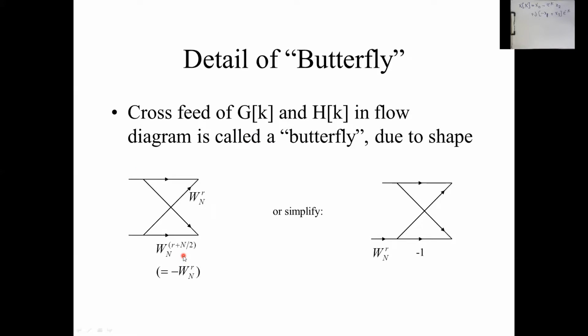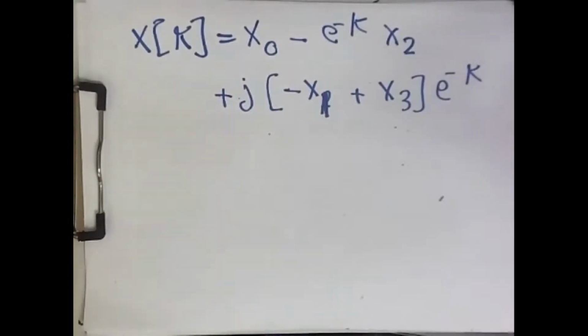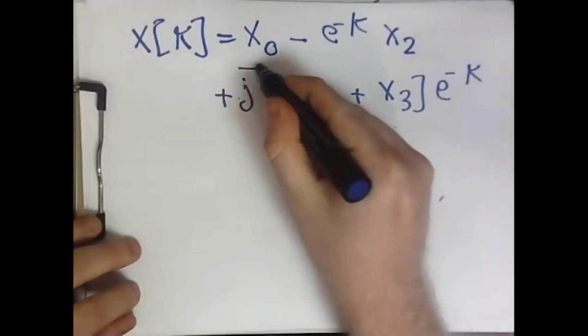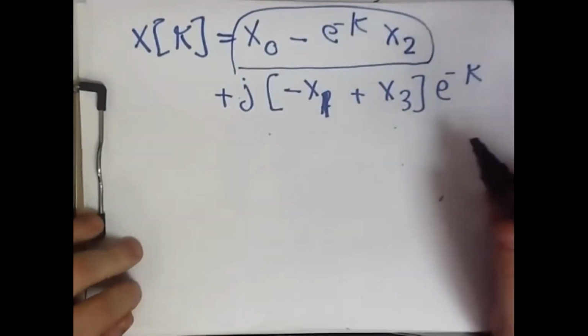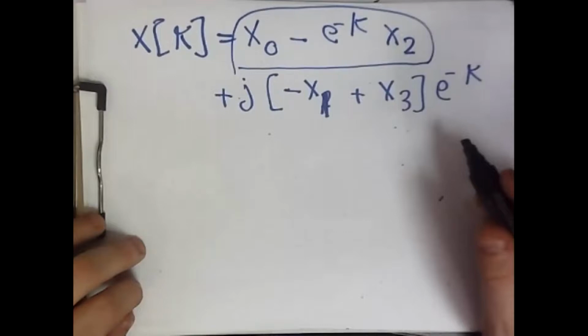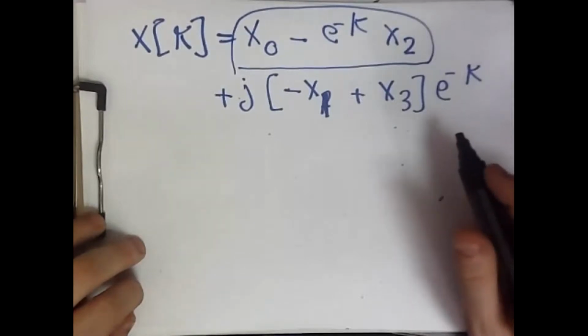Let me return back to my white paper in order to discuss this butterfly model. Okay, so let's now deal with the g of k, or the even terms. This represents the g of k, or the discrete Fourier transform due to the even terms.